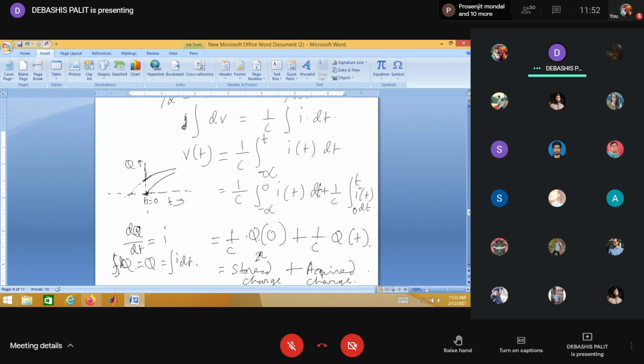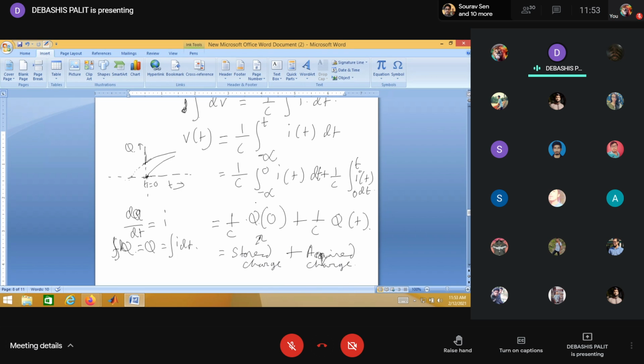So some portion is already stored charge and some portion is acquired charge. So the total potential is considered in terms of the stored charge and also the acquired charge.